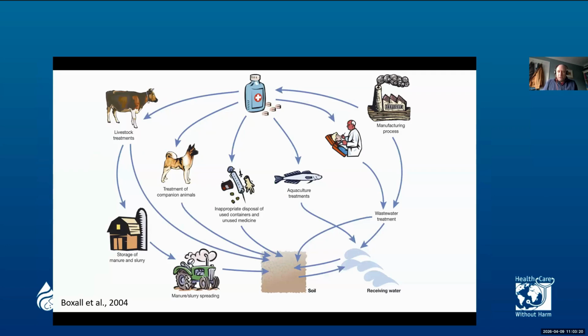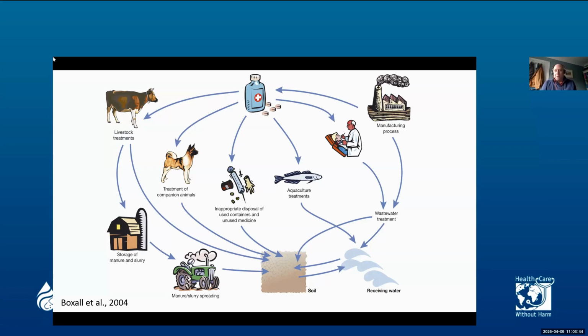I think I'm probably preaching to the converted here, but pharmaceuticals can be released to the environment at all stages in their life cycle. So we now recognize that in certain areas of the world, manufacturing can release quite high concentrations of pharmaceuticals into the environment.